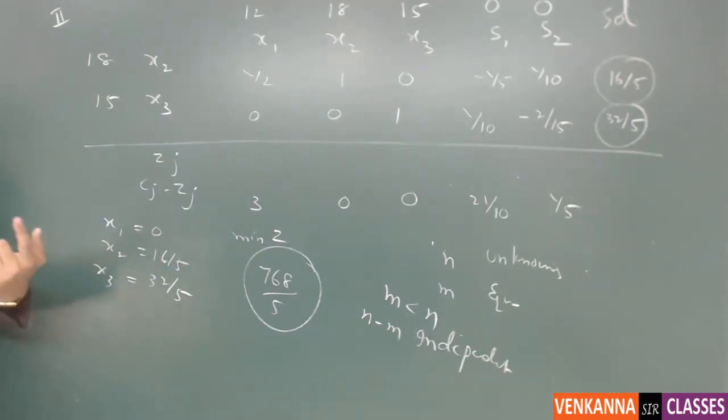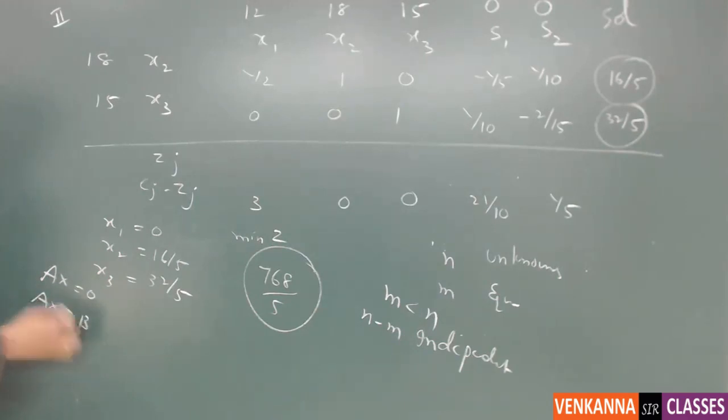Can you recollect the definition of matrices? Ax equal to 0 as well as Ax equal to b we have solved. In the Ax equal to 0 system, or Ax equal to b also. Can you recollect that thought? So that free variable, we are fixing it as 0.